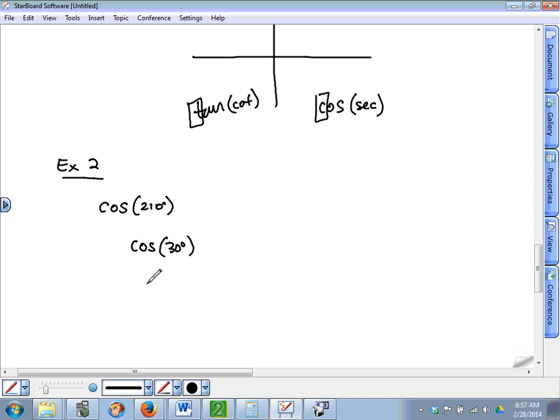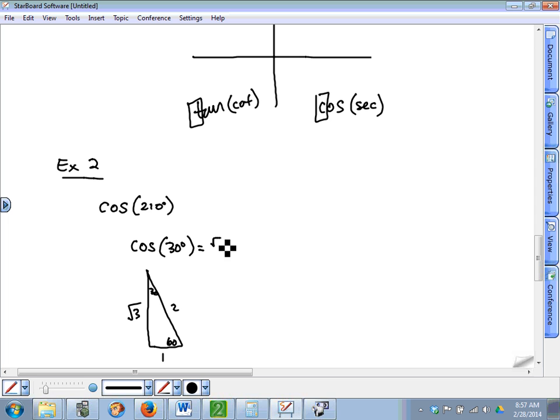So now we need to make use of our triangle, the 30, 60, 90. 60 degrees, 30 degrees. Normally, the cosine of 30 degrees is the square root of 3 over 2.